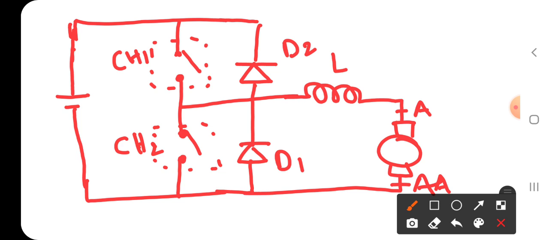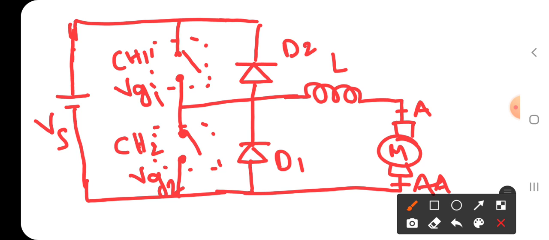Let the supply voltage be Vs. All of you take the circuit. For this switch, let me assume Vg1 is the gate voltage to switch 1, and Vg2 is the gate voltage to switch 2.